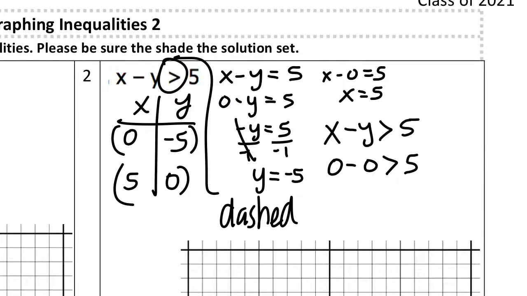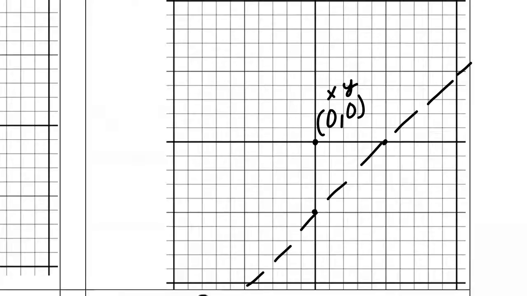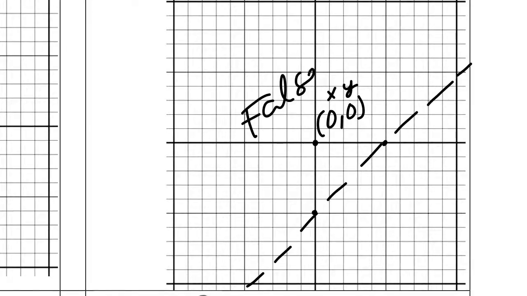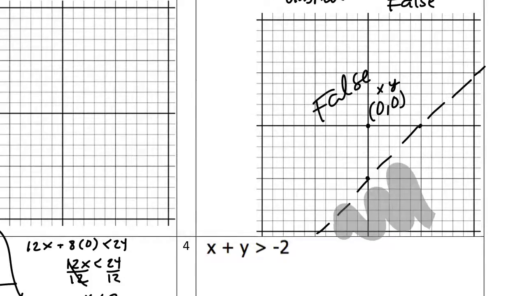Well, 0 take away 0 is 0. Is 0 greater than 5? No, this is false. So I go back to my graph and I know this side is false, which means I have to shade the other side because that is the side that must be true. And there you have it.